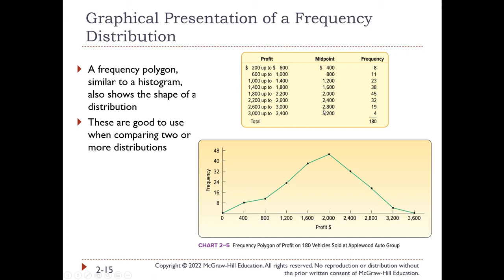So we would add 200 to each of the lowest limits. That would be the quickest way to get to the midpoint of each of your classes. They have it calculated right here for you with the frequency, and then they plot. Midpoints are on our x-axis, our horizontal, while frequency is on our vertical. And we just plot each point, and we connect the dots.